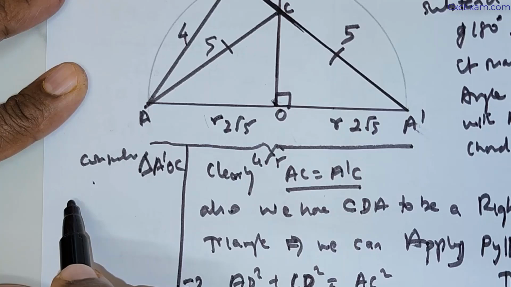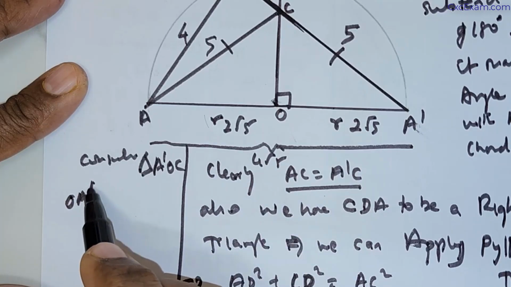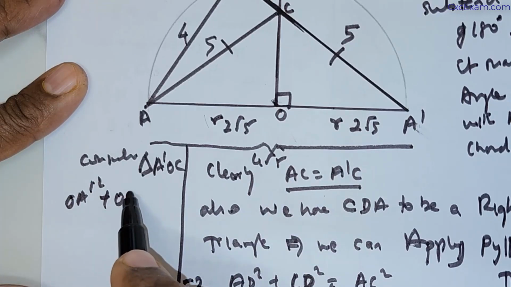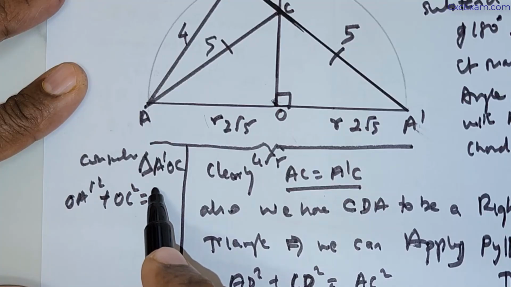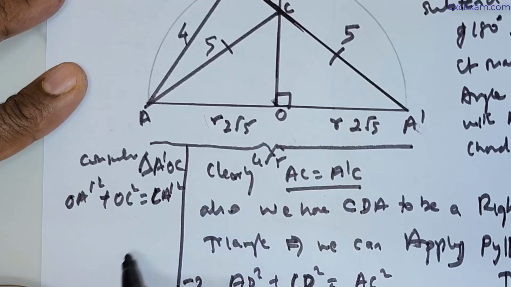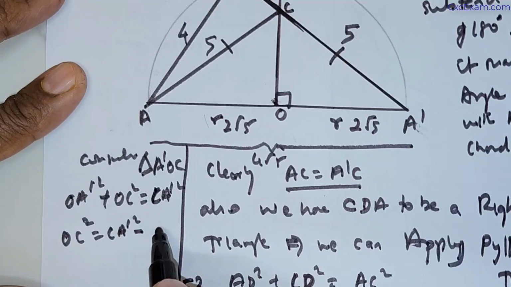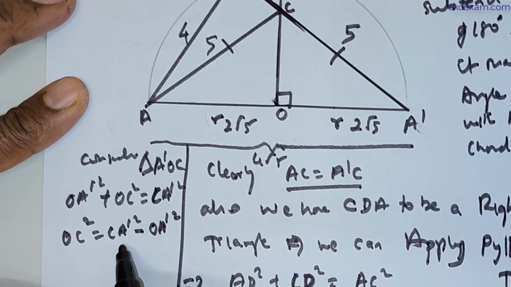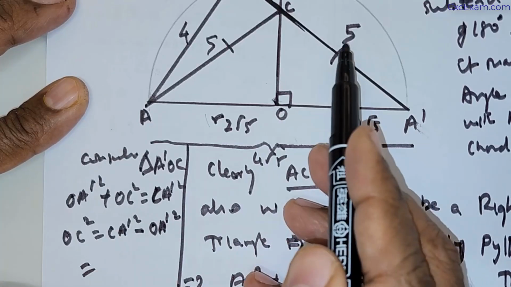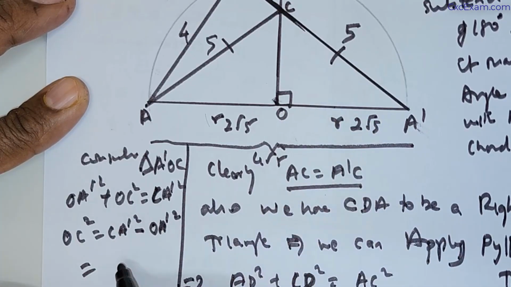So this is going to give me OA dash squared plus OC squared is equal to CA dash squared. But we need OC. So OC squared is nothing but CA dash squared minus OA dash squared. Now this is going to be 5 units, right?